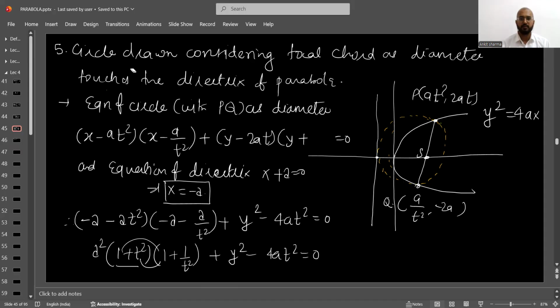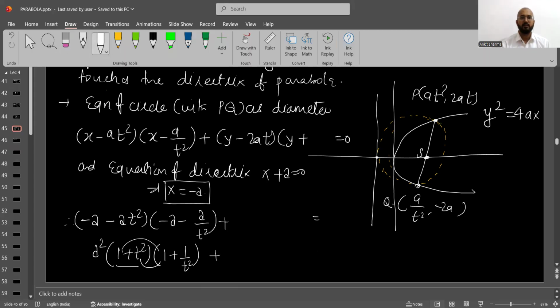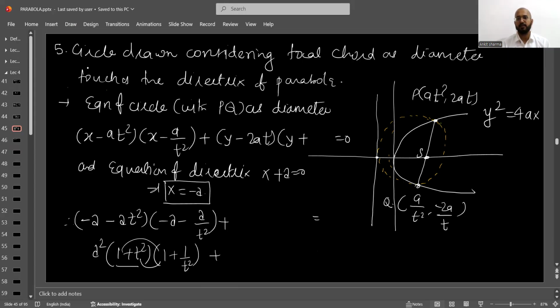So this entire portion became incorrect. This turns out to be minus t over t because we know t1 into t2 is minus 1. So this is basically minus 2a over t, so it will become 2a over t.